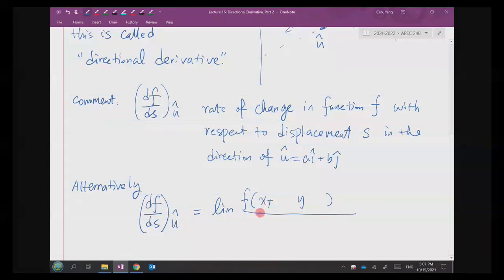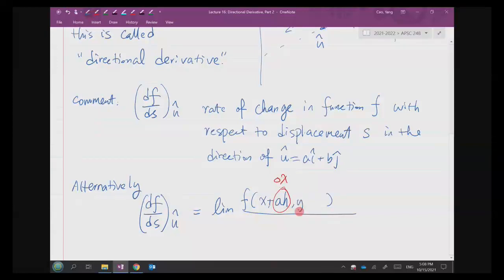How much change in the x direction? You look at the unit vector u hat, whose x component is a. Then a multiplied by a very small value h, a scaled by a little bit, is how much you're moving in the x direction. So this portion is the delta x value.